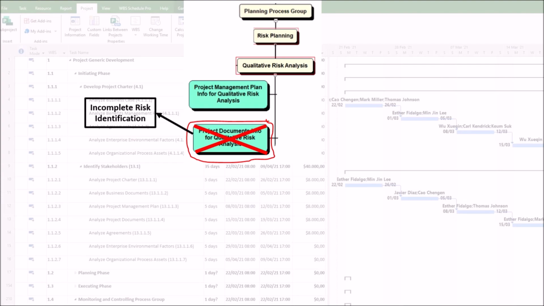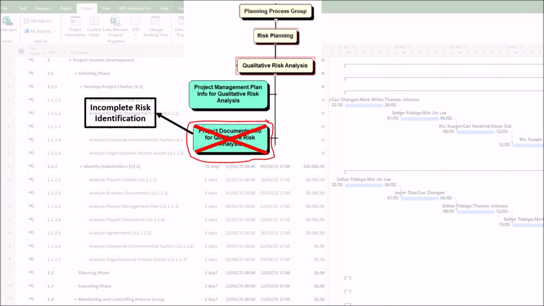1. Incomplete risk identification, or garbage in, garbage out. The qualitative analysis process assesses risks already identified. If document analysis is poor, you can have: first, missed risks. Key risks embedded in the scope statement, requirements documentation, assumption log, or technical specifications may never be identified in the first place.